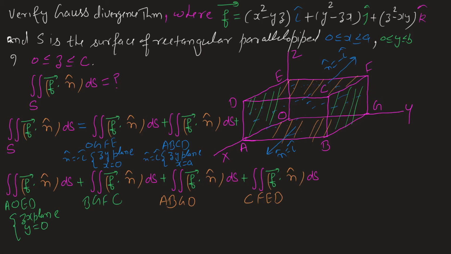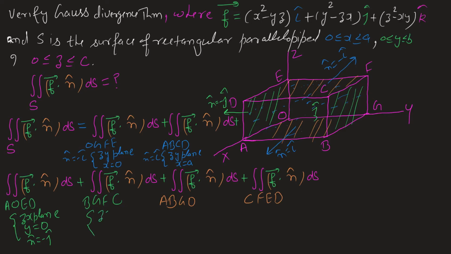Here, if we see what will be the outward unit normal, it will be in this direction, n cap is equal to minus j cap, because j cap is in the positive increasing direction, so this will be opposite. So n cap is equal to minus j cap.